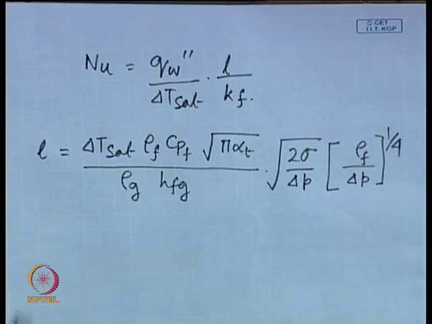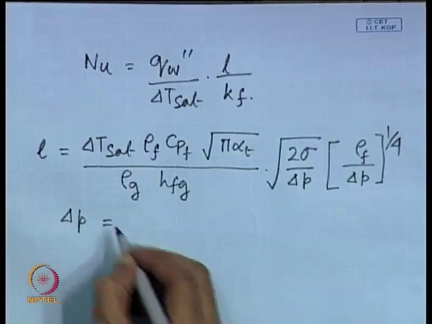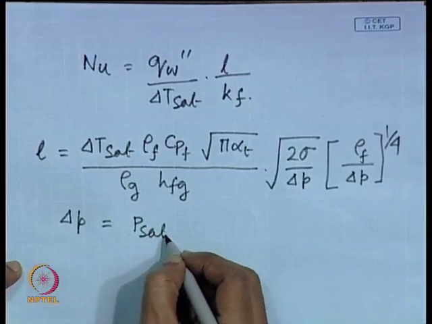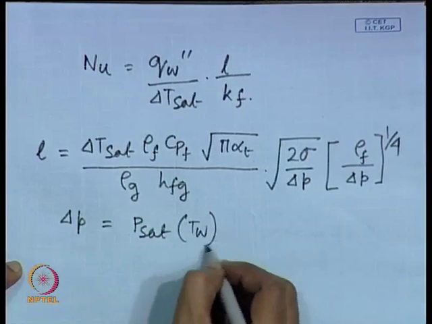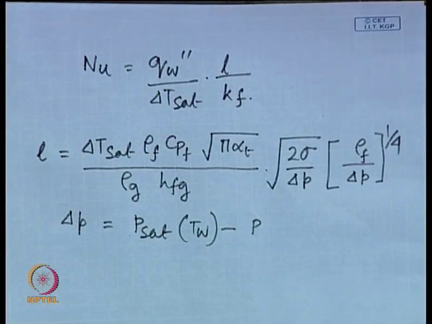So, this is what they have got for the length scale calculation. Now, delta P term is coming, delta P is equal to nothing but P_saturated at wall temperature minus the P liquid. Okay. So, this is how delta P is calculated.